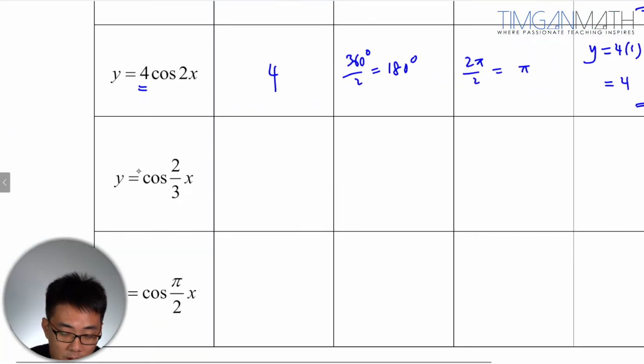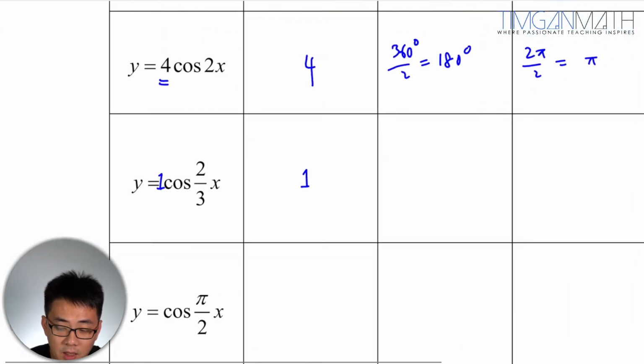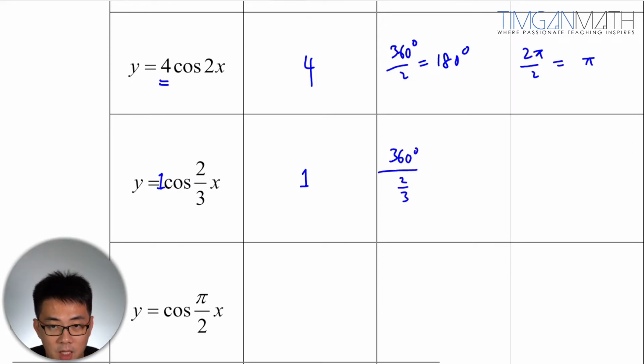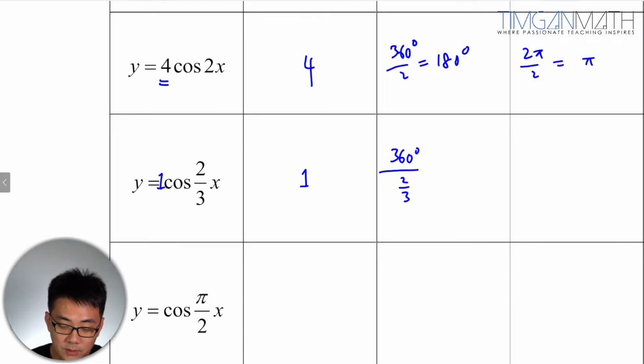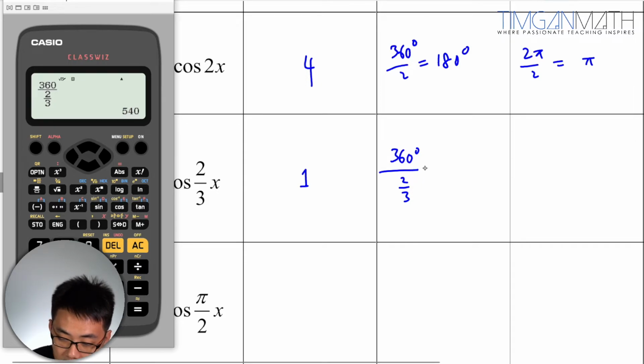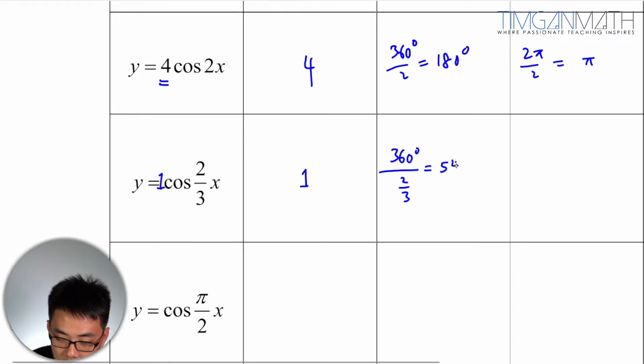The amplitude here will be 1. Just know that this is 1 in front. The period in degrees is 360 degrees divided by 2/3, b. So take 360 divided by 2/3. Just bring your calculator. That will give us 540 degrees.